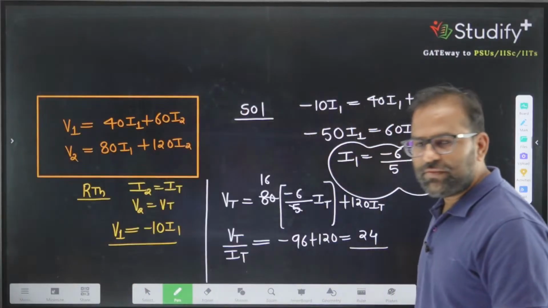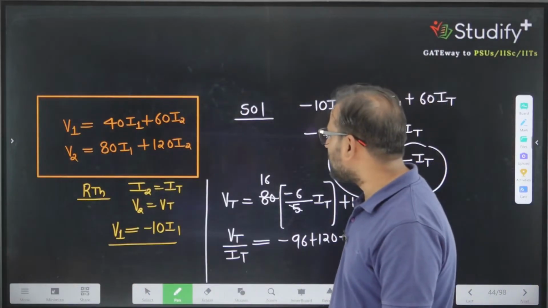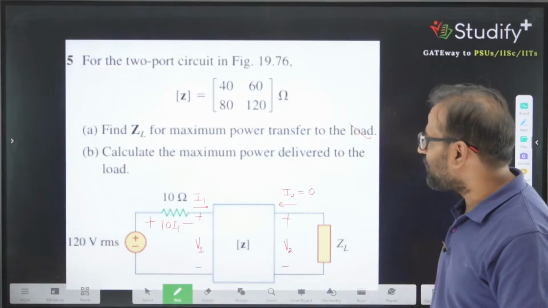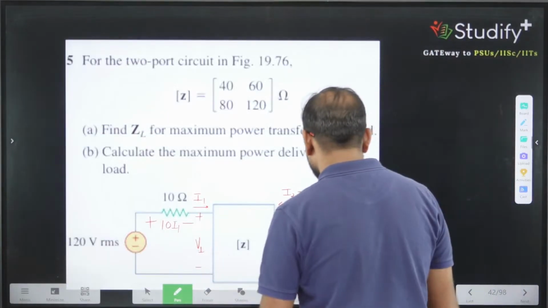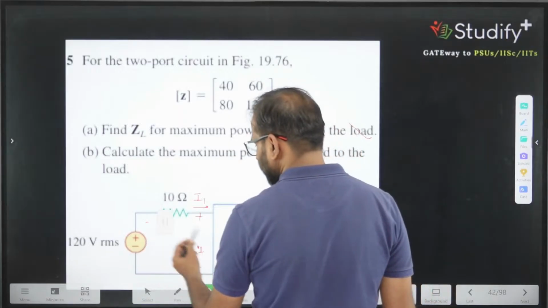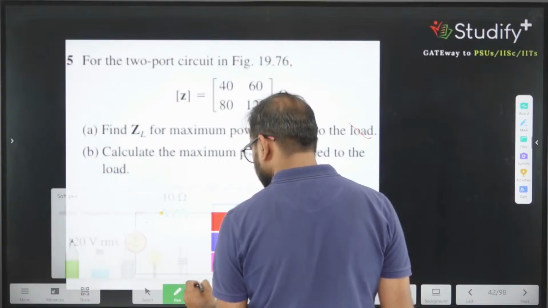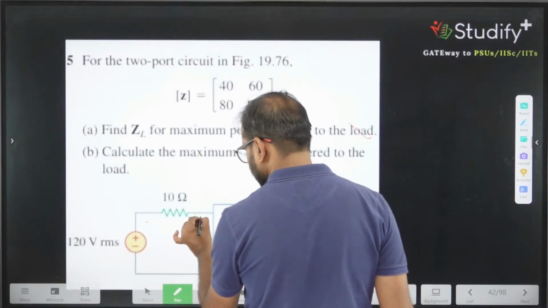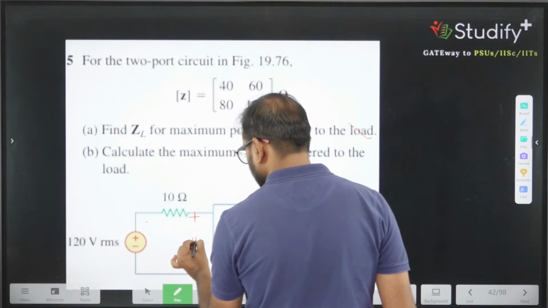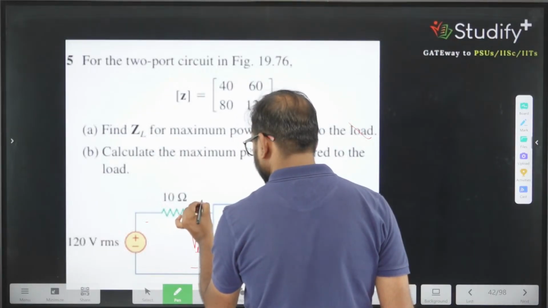Correct? But V1 is not the source voltage. We have an equation for the source voltage. Source voltage V1, and this potential is V1, and this is I1.